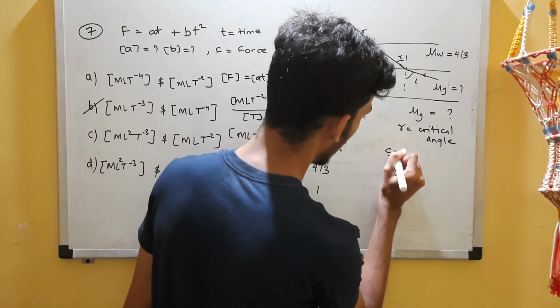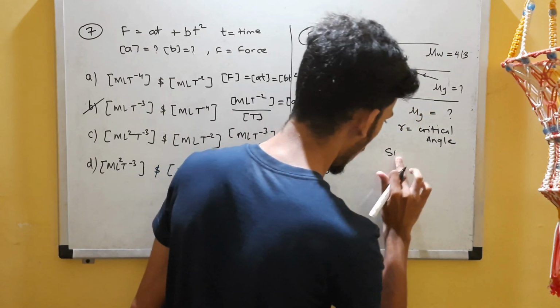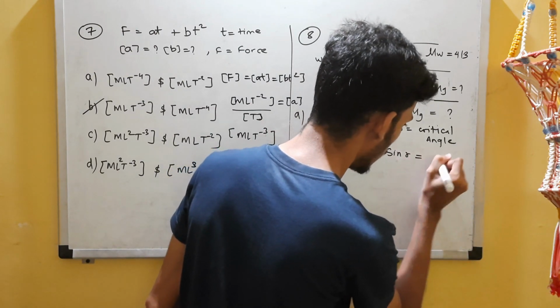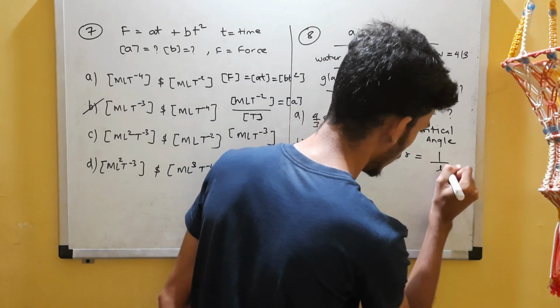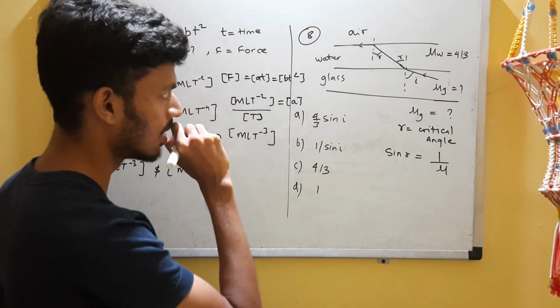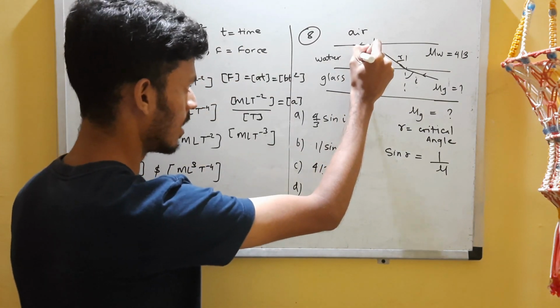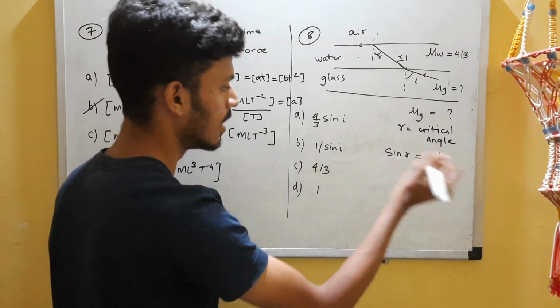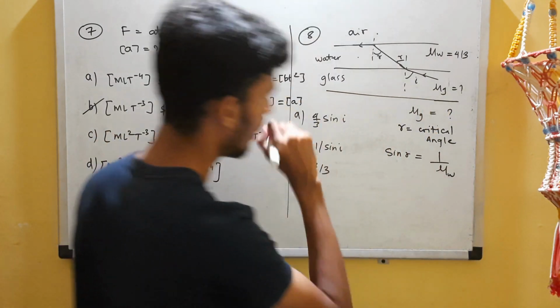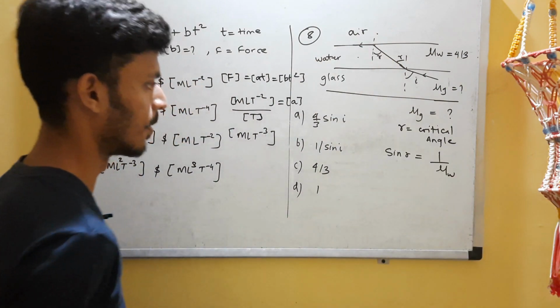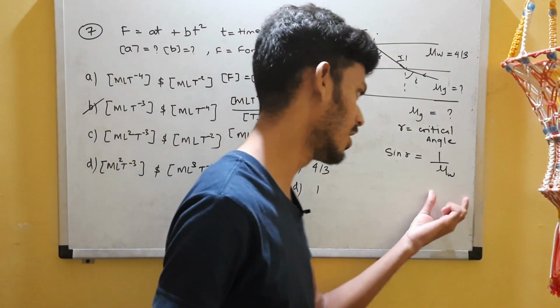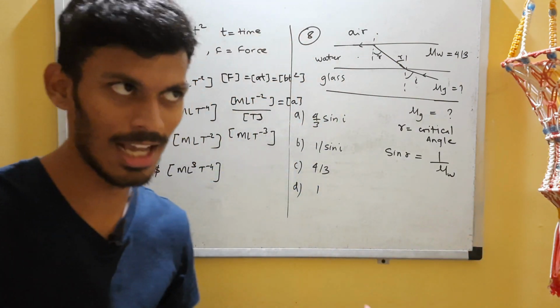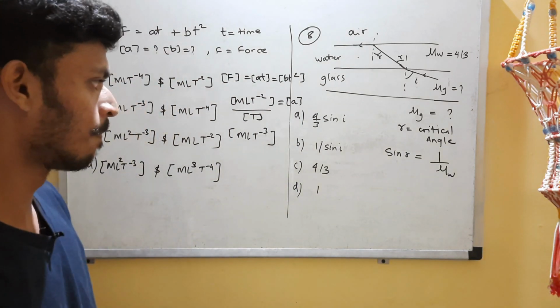So the sine of the critical angle, sin r, will be 1 upon the refractive index of the denser material. What is denser, water or air? Here the interface is water-air, so the denser material means water. So the sine of the critical angle is 1 upon the refractive index of the denser material.